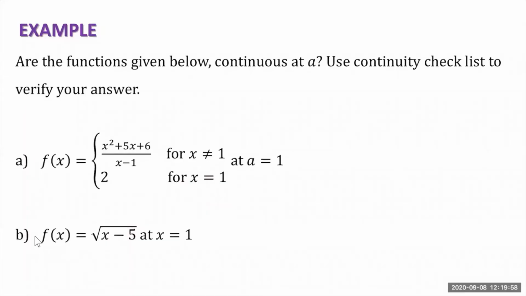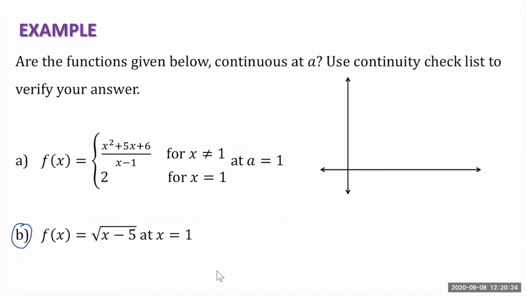Now, let's look at part B. Our function is f of x equal to square root of x minus 5, and we have to check whether this function is continuous at x equal to 1. Let's try to sketch the graph of this function so that it will be very clear.